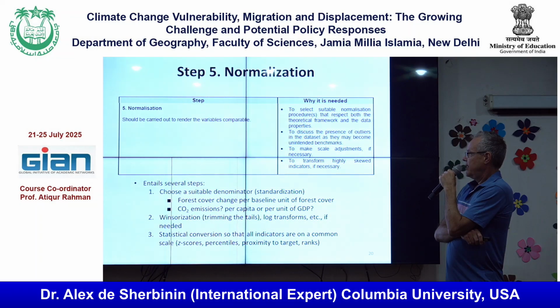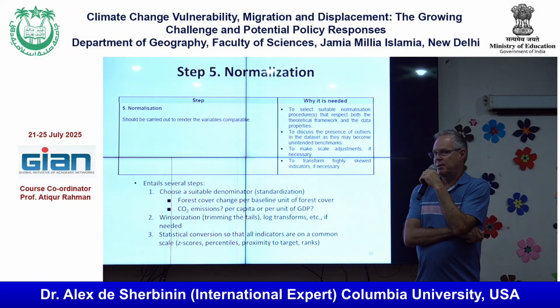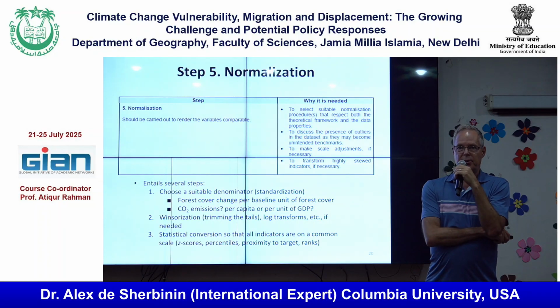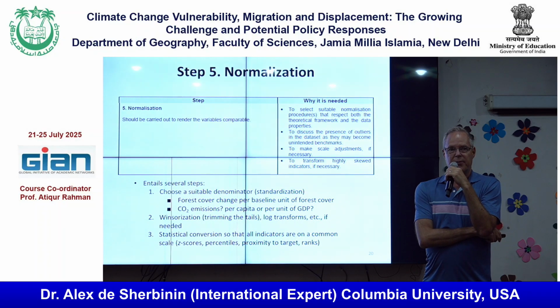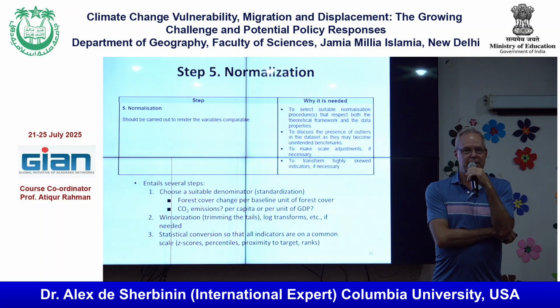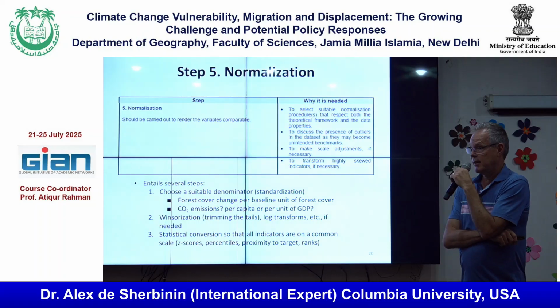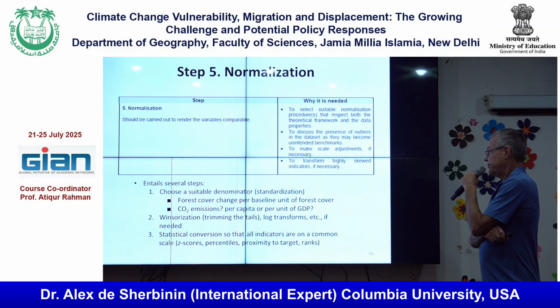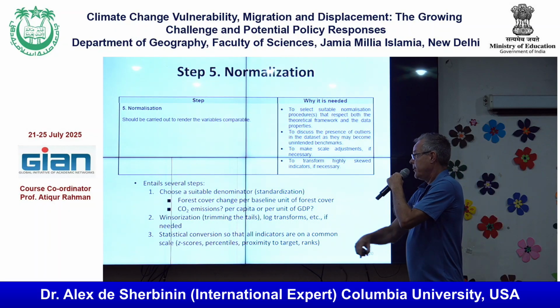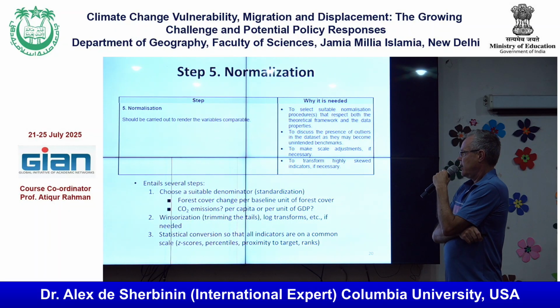But then there's an additional issue in that each of these units is very different. So units of PM 2.5 are different from rates of deforestation, are different from CO2 per capita. So you want to have everything on a common scale.